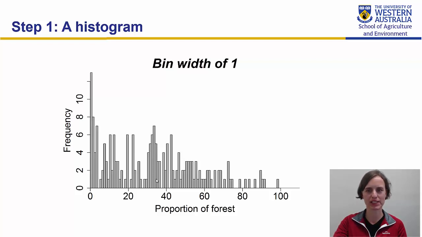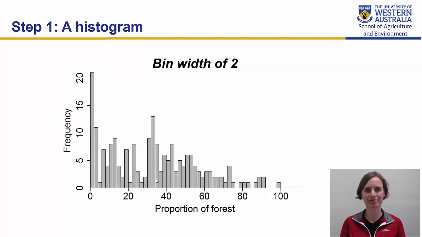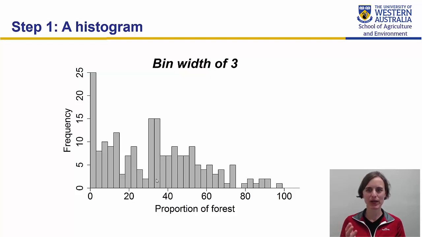You have a lot more detail in histograms with a smaller bin width. But is that the best way to present the data? So this is where experience and also just looking at the visual graph comes in. How much extra information do we gain from changing the bin width?